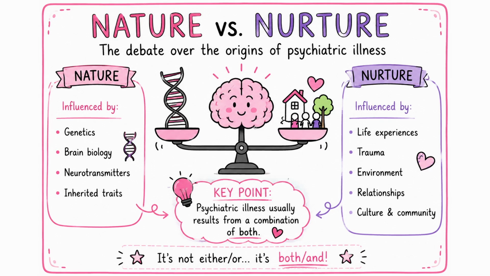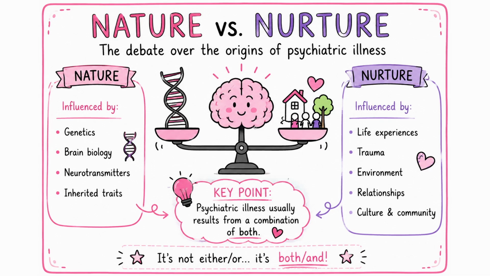Modern psychiatric research shows that neither perspective alone fully explains psychiatric illness. Instead, most mental health conditions arise from the interaction between biological predispositions and environmental experiences. For example, two people may inherit a genetic vulnerability for depression.